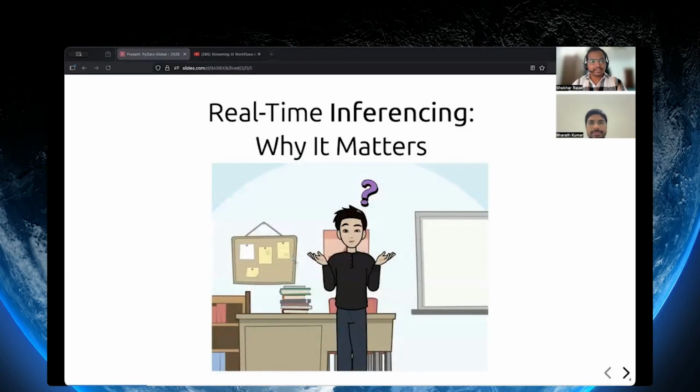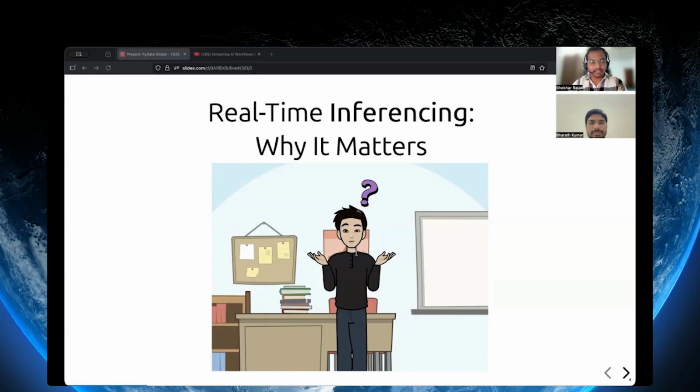So the first question that comes to mind is why it is needed. Let me give you one example. Let's say we are building a live streaming application just like Instagram Live or Facebook Live, where users are able to comment anything. As per our policy, we need to make sure that none of the comments violate our policies, rules, or any compliance.